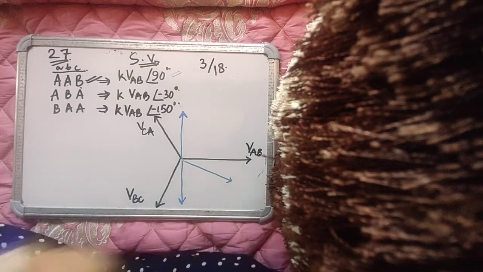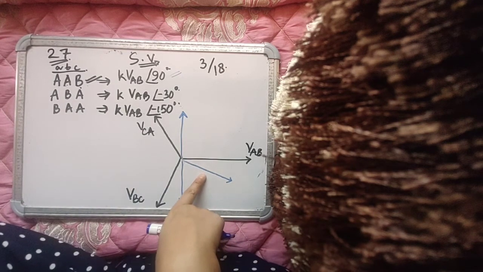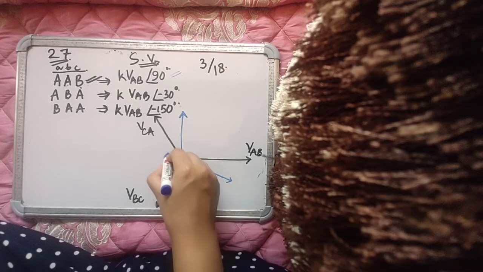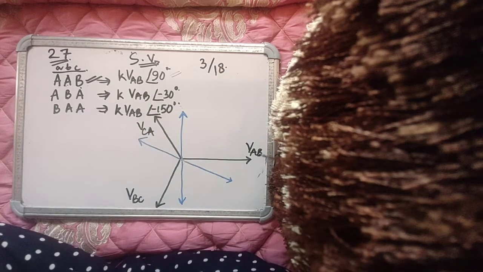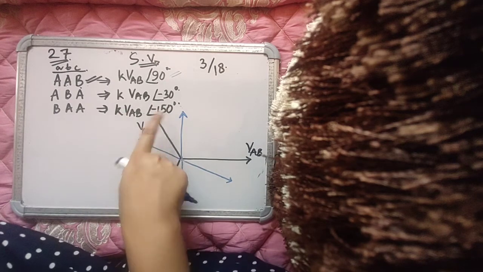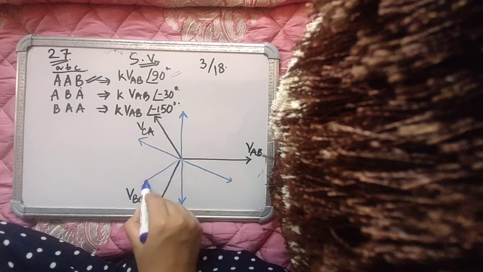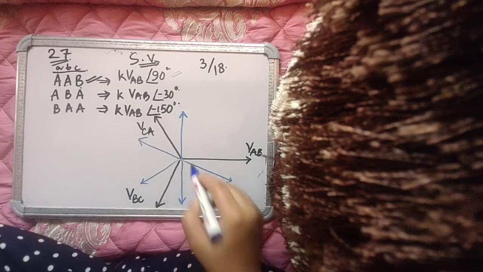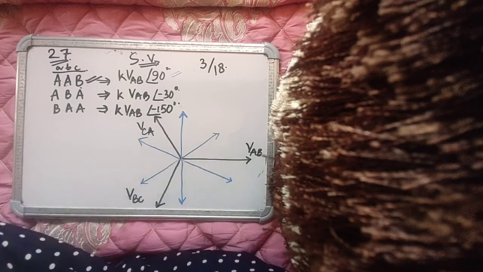But again, VAB at an angle of minus 30, whenever VAB is negative, it will give me something like this, right? The third state is VAB at an angle of minus 150. So VAB at an angle of minus 150 is something like this. But when VAB is negative, it will be along the opposite side.